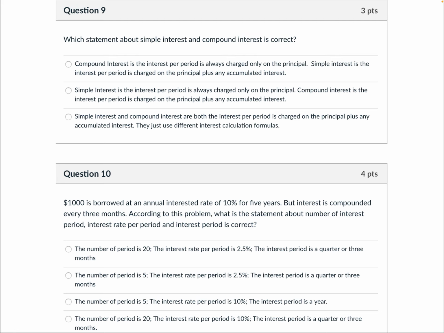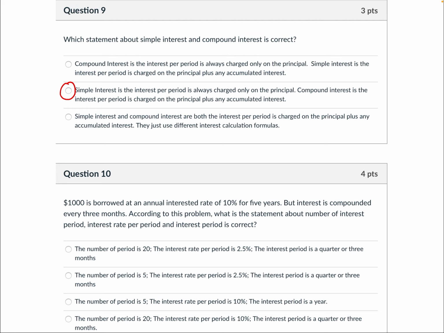It's like rolling a snowball. It's going to be bigger and bigger because every time you're going to have a new size of a bigger snowball. So that's compound interest, and this one is your correct answer.